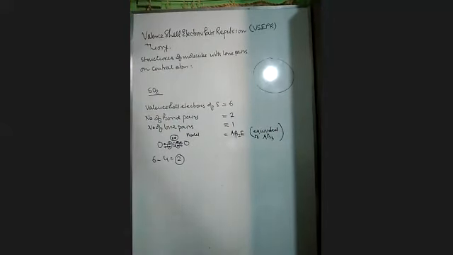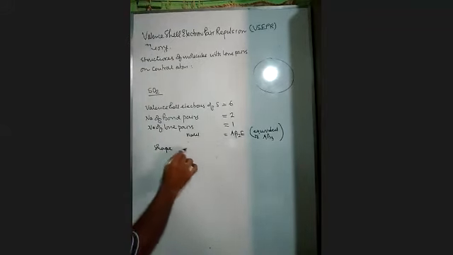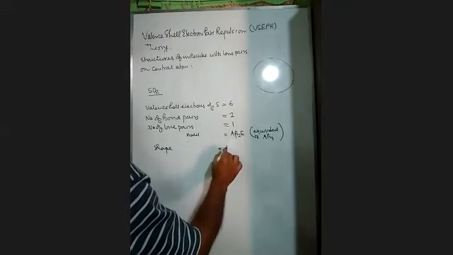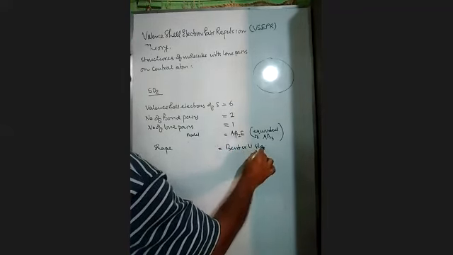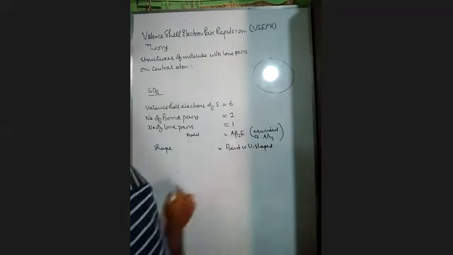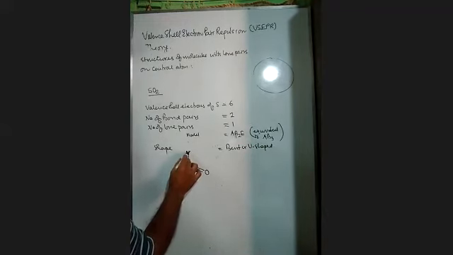Now you know that if it is AB3, it should be trigonal planar, but one of the B will be missing. So in that case, what shall I write now here? What is the shape? Shape is bent or V-shaped. How will it look like? You write like this, this, and this.